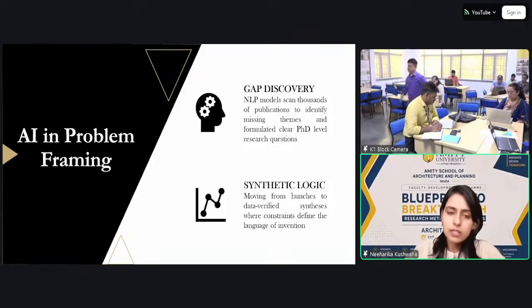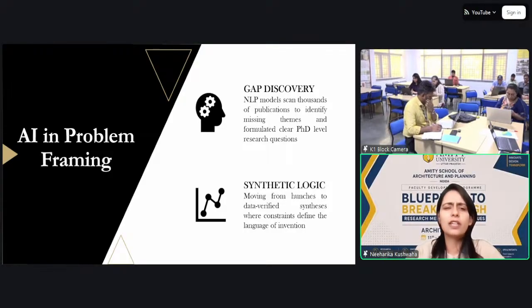However, this stage also requires caution. AI is very, very good at exposing vague thinking. I'm sure almost everyone would have tried ChatGPT, Gemini, Perplexity, some very common tools, putting out a prompt. And while putting out a prompt, initially, you would have been frustrated at a certain point. It is not giving you the right thing you are asking for.